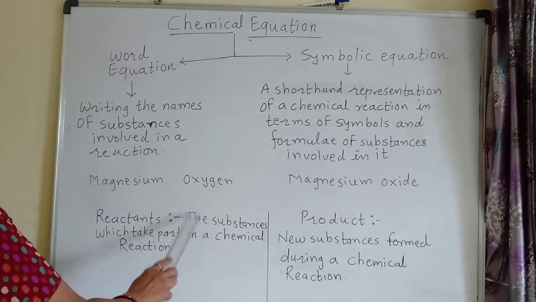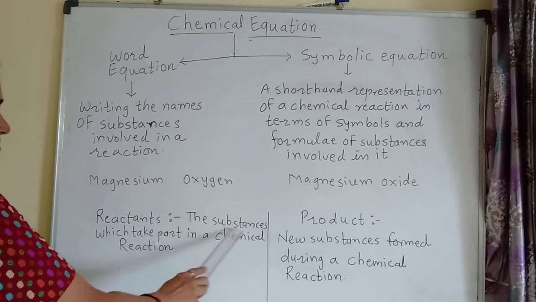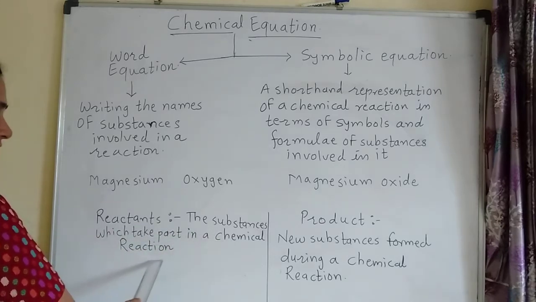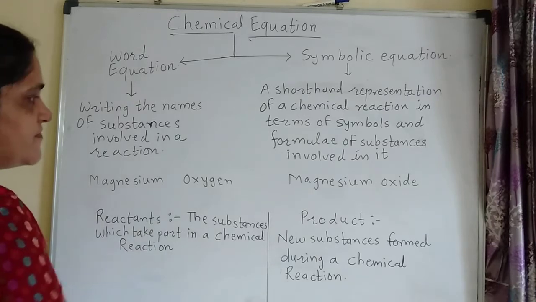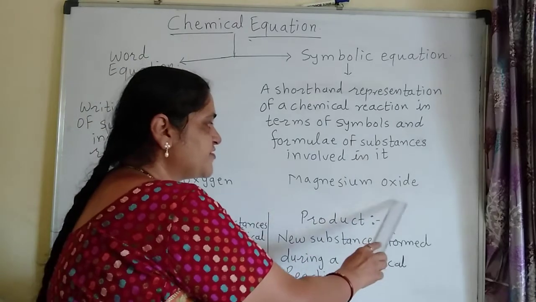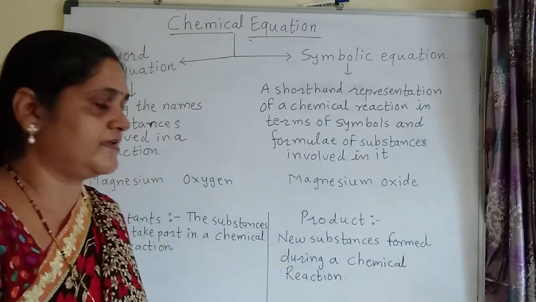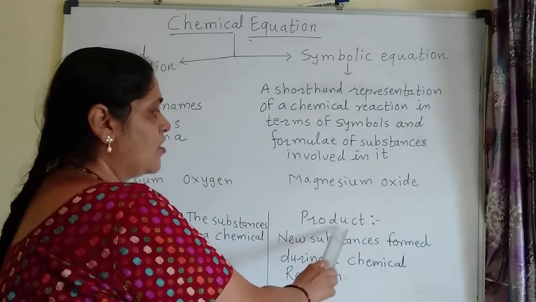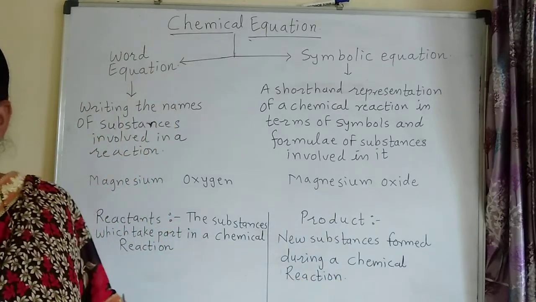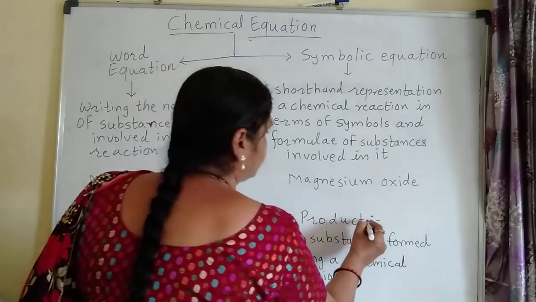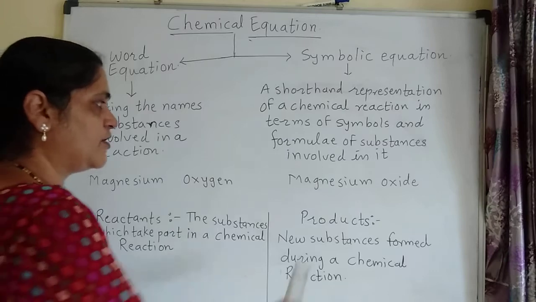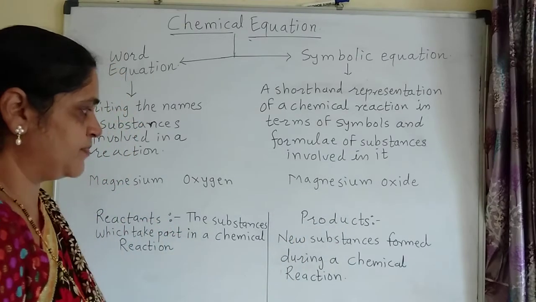So what are the reactants? These are the substances which take part in a chemical reaction. Now the new substance formed is magnesium oxide. The new substances formed in the reaction are known as products. So for this reaction there is only one product, that is magnesium oxide.